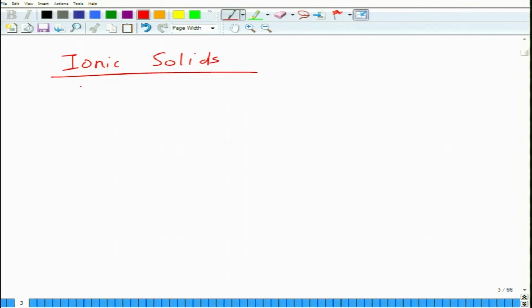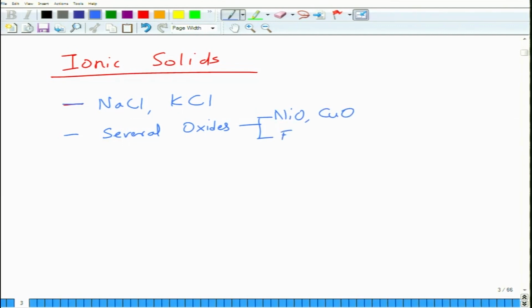For example, compounds like sodium chloride, potassium chloride, several oxides, nickel oxide, copper oxide, iron oxide, compounds such as barium titanate and alumina, even zinc oxide, several materials, they are all ionically bonded materials.